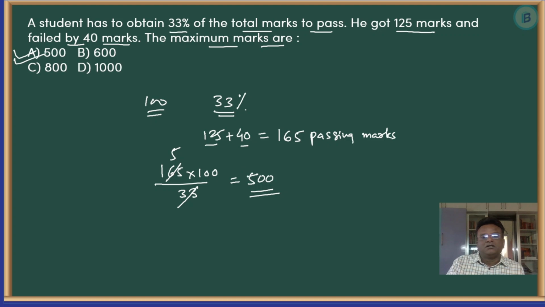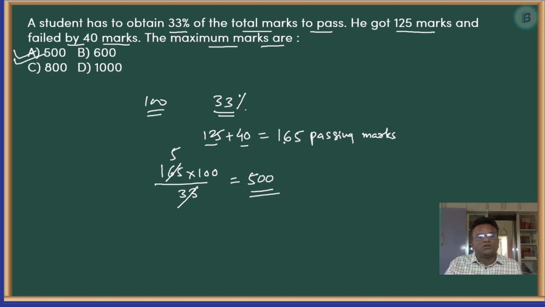Pretty simple. Now you can actually guess this answer. You know that 165 is equal to 33%, and 100% is almost close to 3 times 33. So if you do 3 times 165, that is 160 into 3 is 480, and 5 into 3 is 15, so 495.